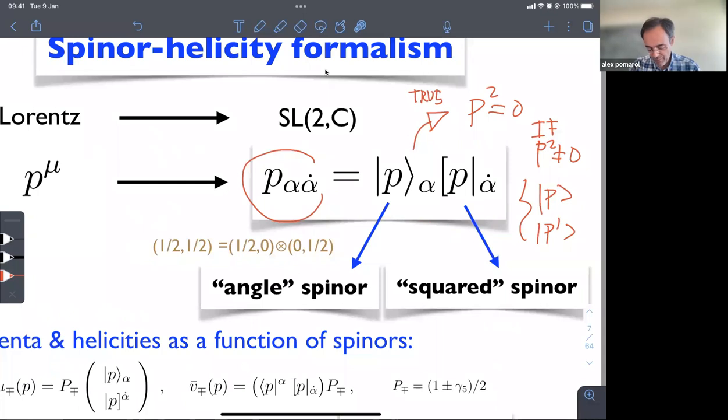Here we were talking about a particle defined with either an angle spinor or a square spinor, so you need to double this. It's a little more complicated, but it is still useful. When you go to massive states, you lose a little of the simplicity and power of the spinor helicity formalism, but not completely. There is still some power there to calculate amplitudes in a relatively simple way.